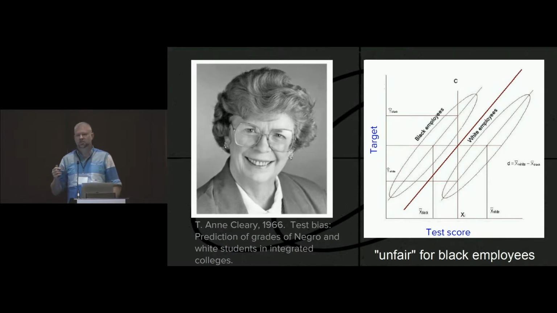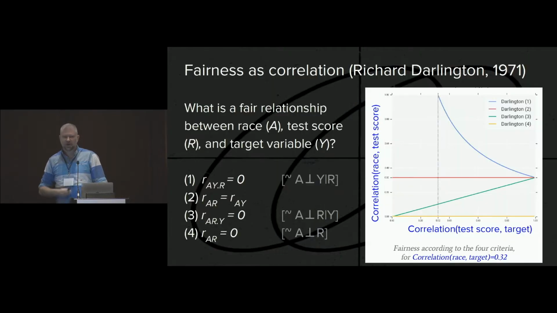And she thought a test was unfair for a group if it tended to underpredict that group's performance. So here, for example, if we take a given level on the y-axis, which is the target variable we're trying to predict, we see that for that level, we get lower test scores for the black group than for the white group.